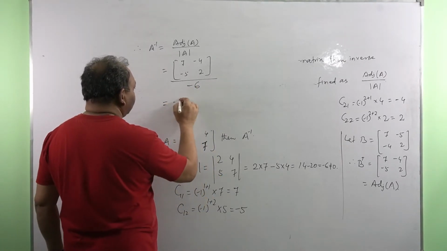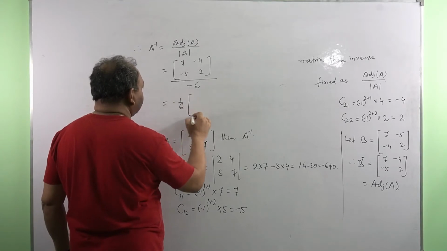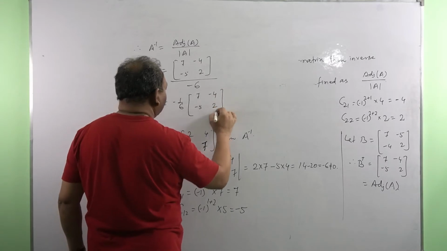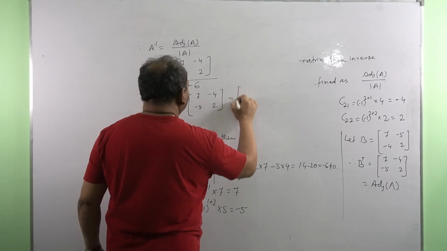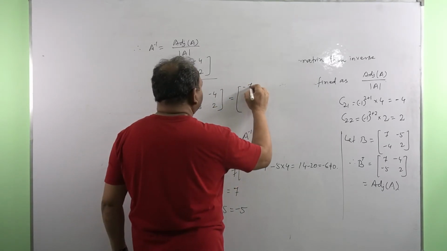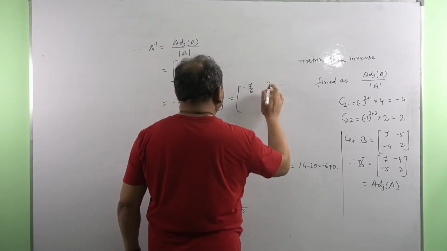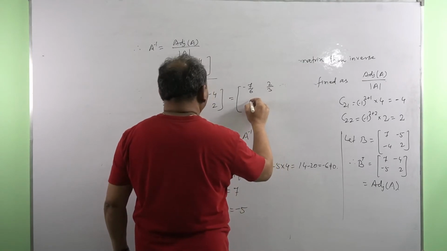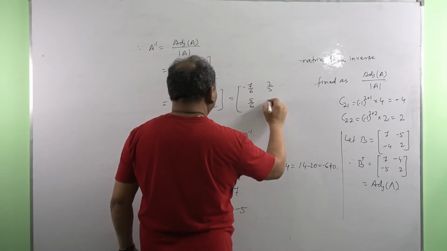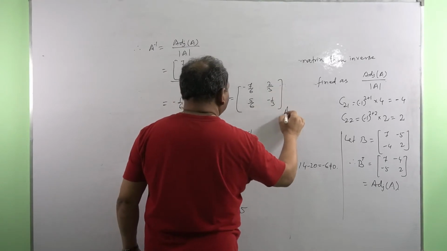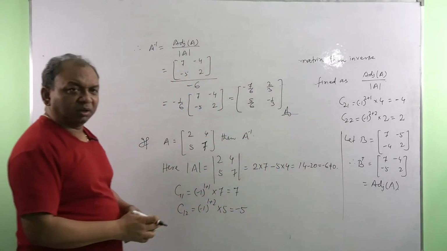So this can also be written as minus 1 upon 6 times [7, minus 4; minus 5, 2], or as [minus 7 by 6, plus 2 by 3; 5 by 6, minus 1 by 3]. This is the inverse of the matrix A.